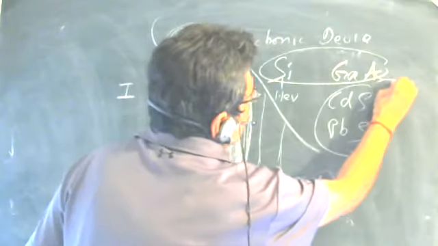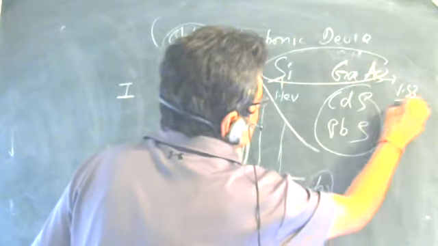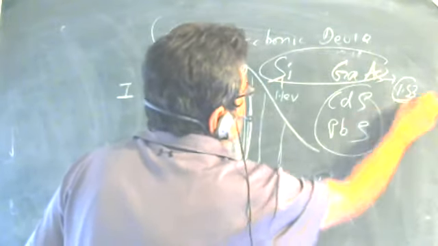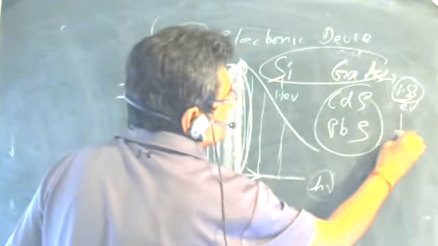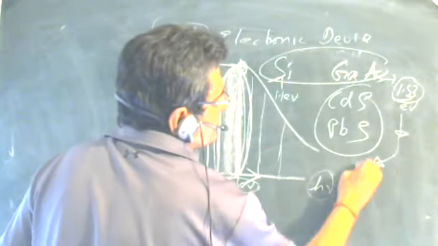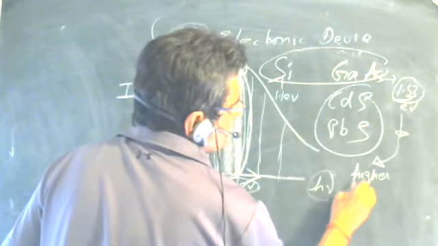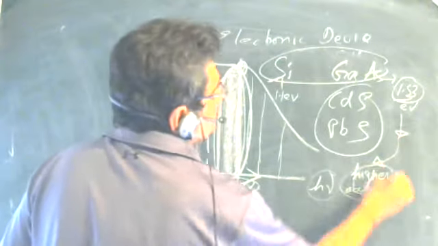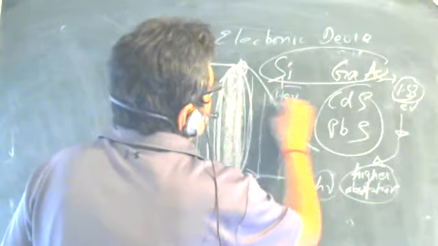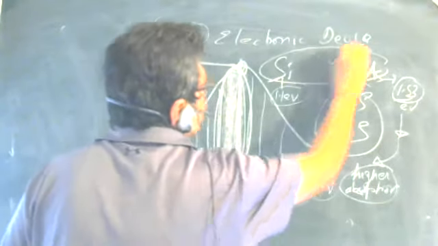Gallium arsenide has about 1.53, I think, maybe in that range of energy gap, but since it has a higher absorption coefficient, it can be preferred against silicon because of the higher absorption. So this is also used.